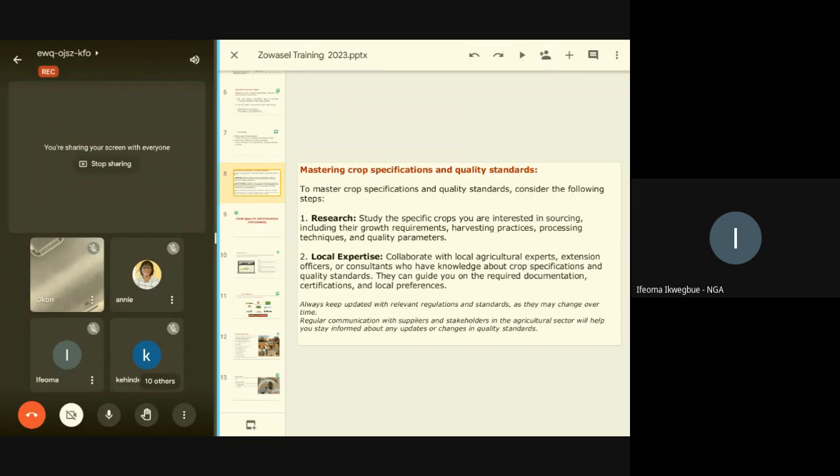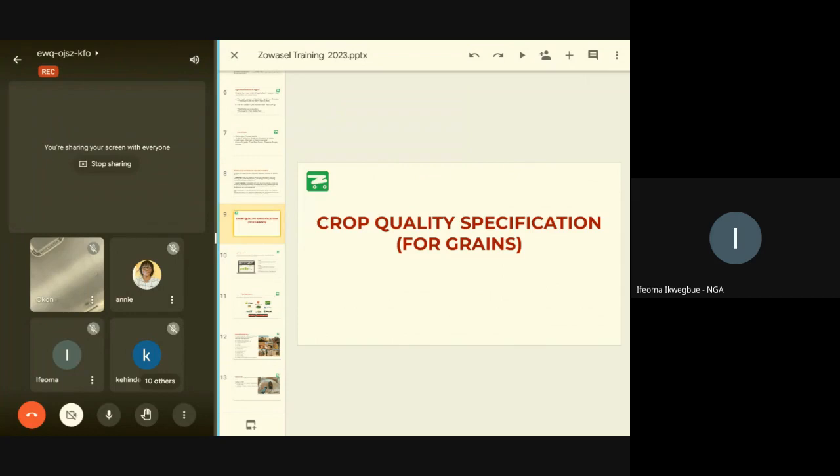Very good knowledge of the crop specifications and quality standards is quite important to guide the sourcing pattern over a period of time. And regular communication with suppliers and stakeholders within the agricultural sector will also help keep us informed about the quality standards of crops.